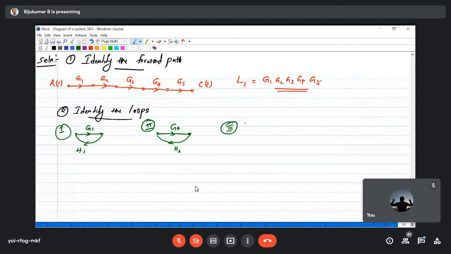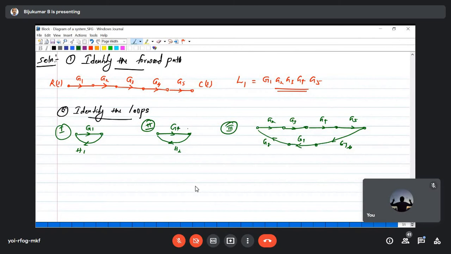Third one is something like this: G2, G3, G4, G5, and it is coming back to the same loop with a gain, G8, G7, and G6.